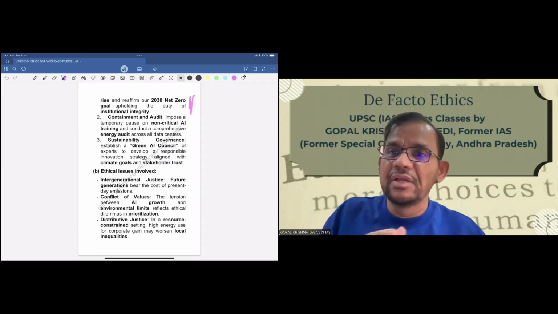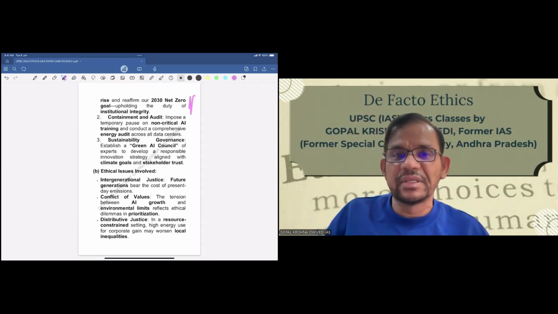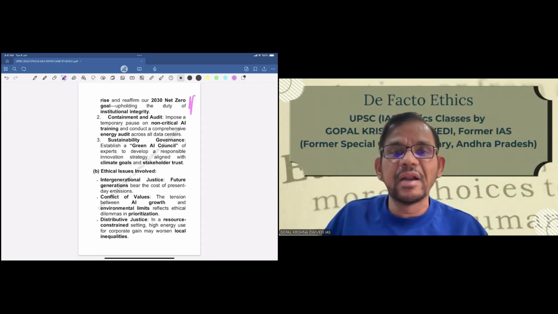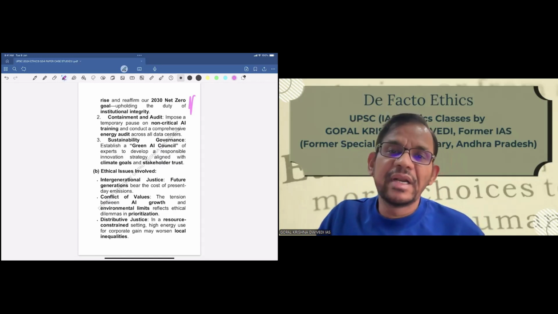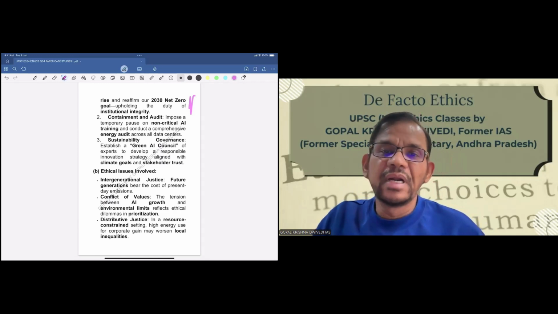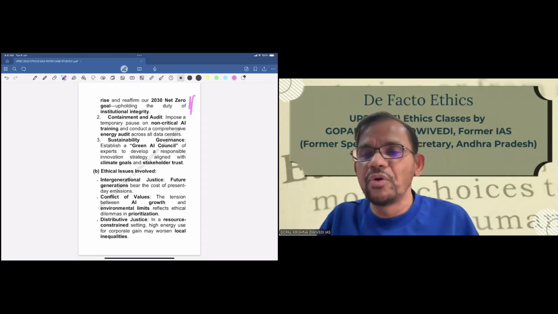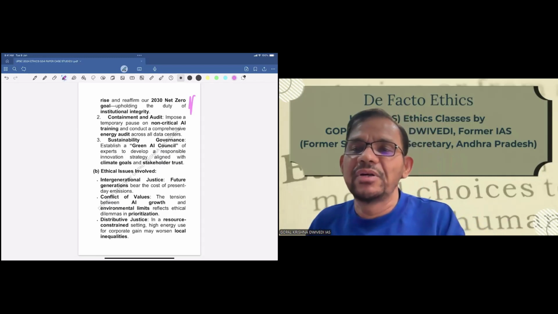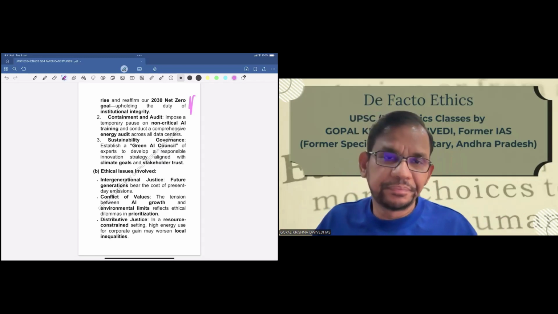So on the one hand, we have to say that yes, a 48% rise has been there, but still we are committed to our agreement of the 2030 net zero goal. So this will uphold institutional integrity and also our commitment to the earlier agreement.